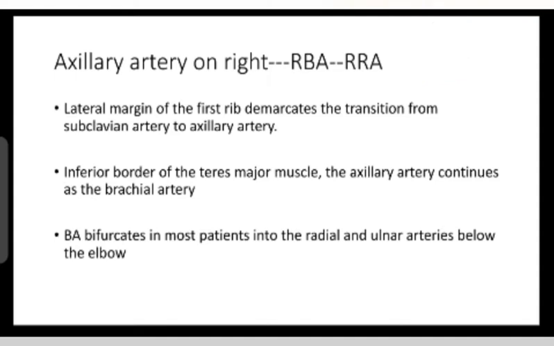On the lateral margin of first rib, there is transition from subclavian to axillary. On inferior border of teres major, axillary continues as brachial, and brachial artery bifurcates in most patients into radial and ulnar arteries below the elbow.